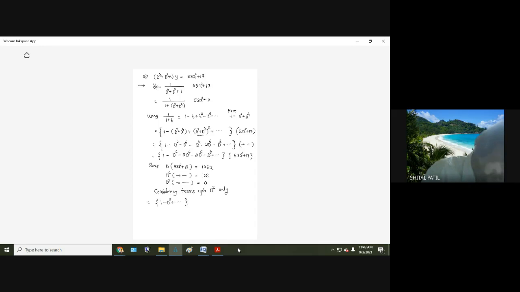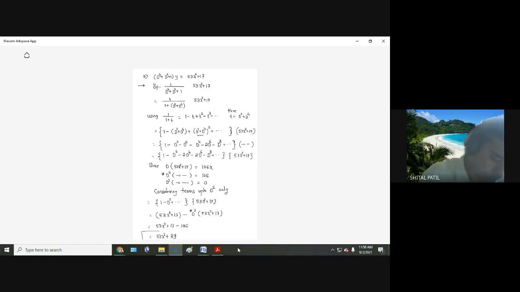So remaining terms are there, but I am not considering them. What is D square? 106. Correct?